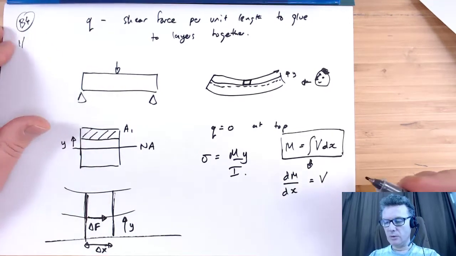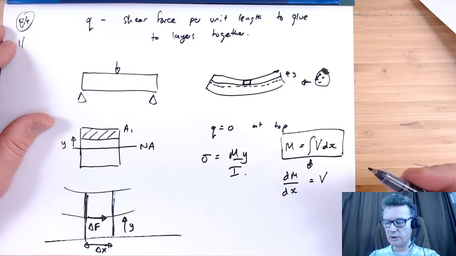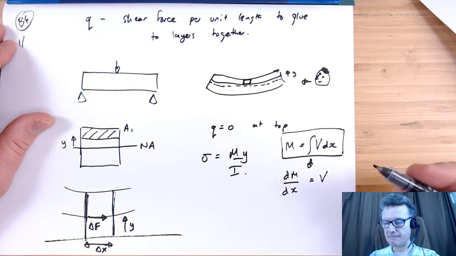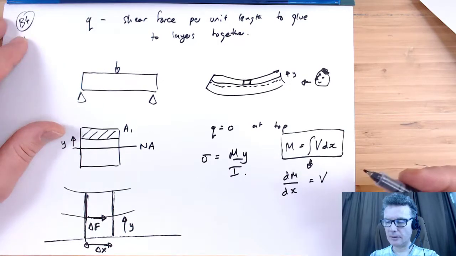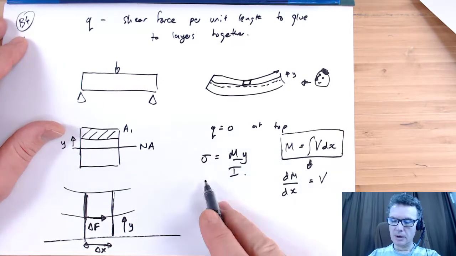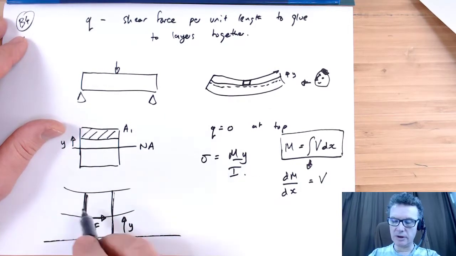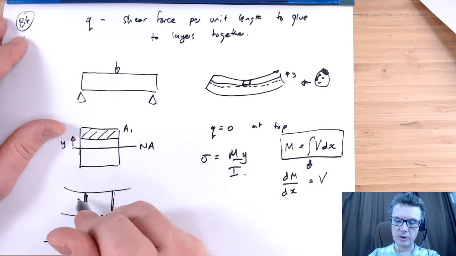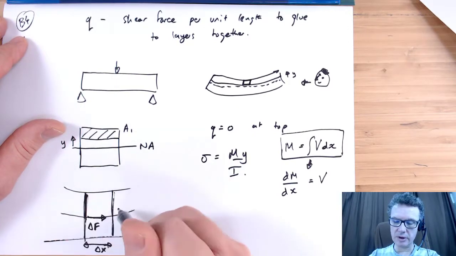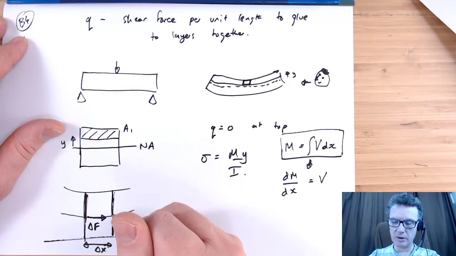So what do I want to do next then? I want to look at integrating the bending force over this side and over this side.